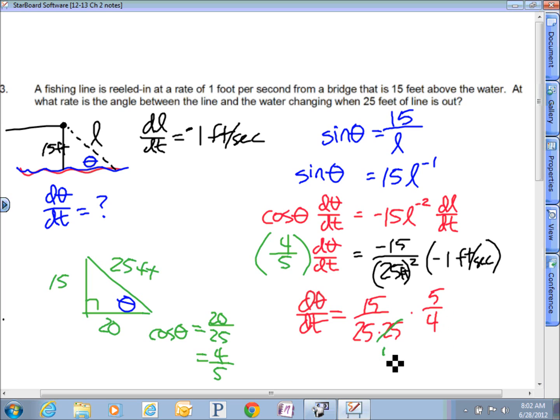So this is gone, that's a 5, that's a 1. That's gone, that's a 1, that's a 3. So how about 3 over 100? And anytime you're talking about the rate of change of an angle, we always talk radians per second. That's your third type of right triangle related rates problem.